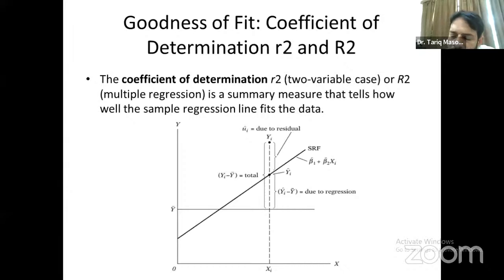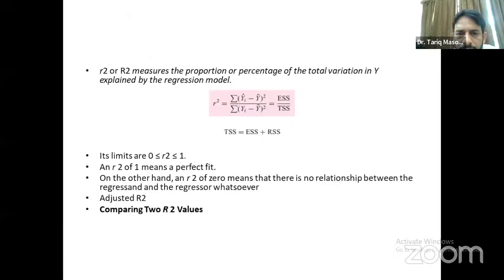Okay, so for goodness of fit, we use the concept of the coefficient of determination, R square. In case of the two variable framework, it is a small r square. In case of the multiple regression framework, it is known as capital R square. The meaning is the same.